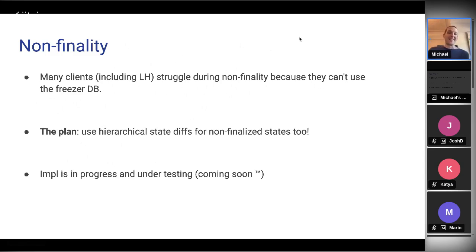During that non-finality incident, we ended up using a lot of disk space, because Lighthouse's strategy for the non-finalized part of the chain is still to just store a state every epoch. And when finality stops, you end up storing, I think we had 3 weeks of non-finality. So it's 225 epochs in a day, times 21 days, times 250 megabytes per state. So the disk usage was growing at a really alarming rate.